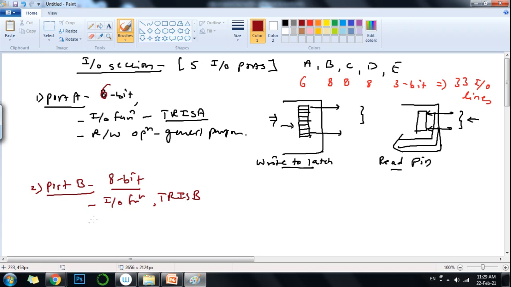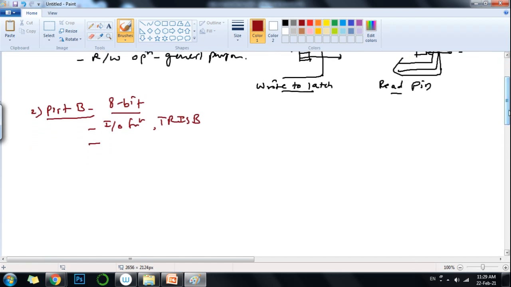The speciality of port B is that all the port pins of port B have internal weak pull-ups. Whenever you configure port B as an input port, those pull-ups are enabled. So every pin is internally pulled high through a weak pull-up.